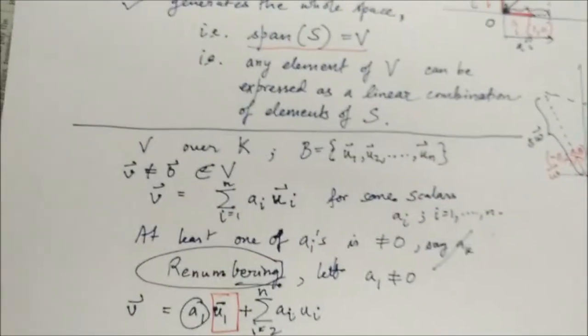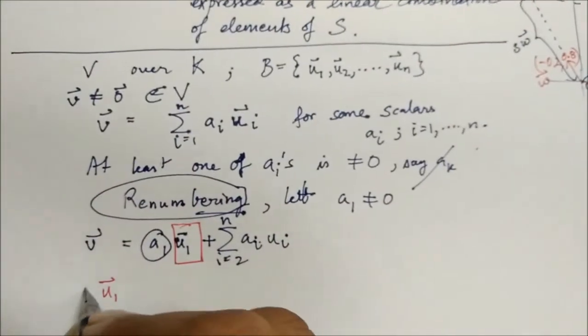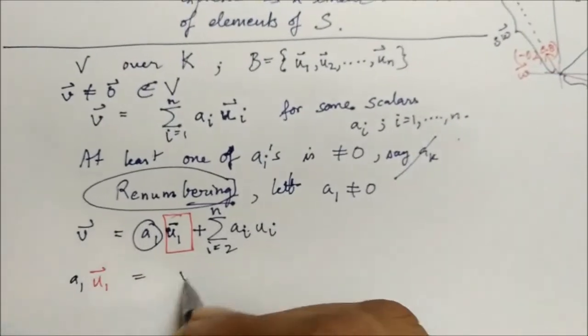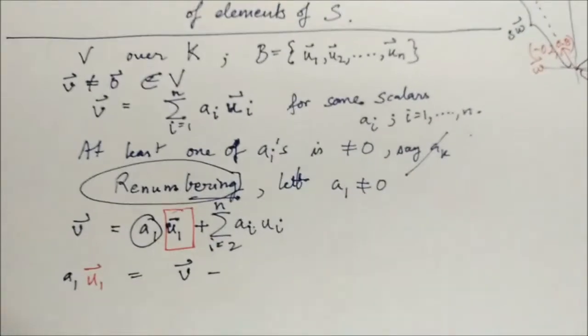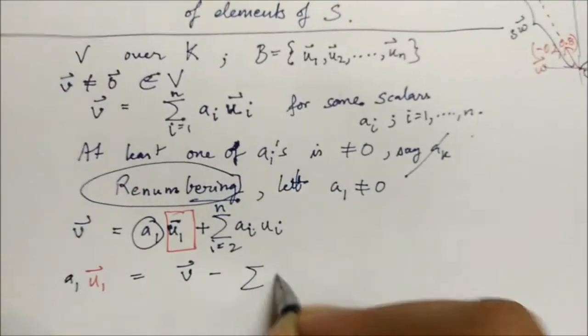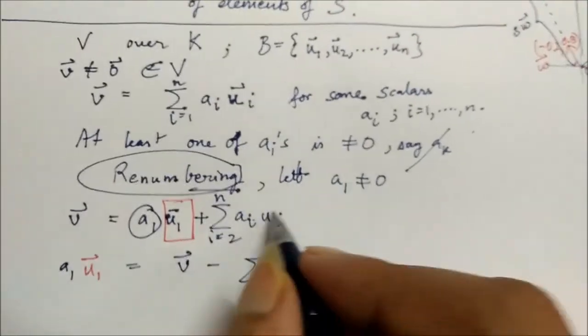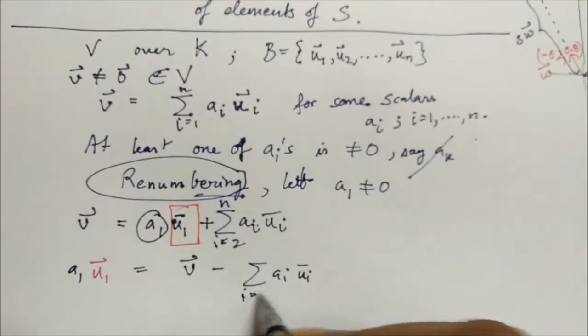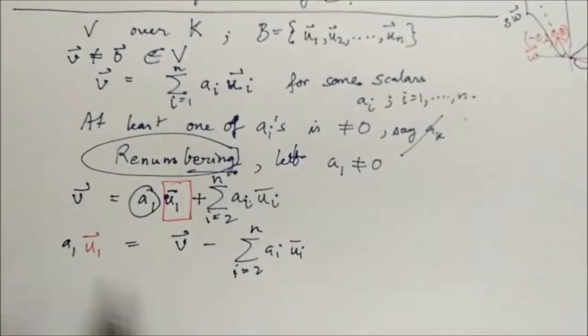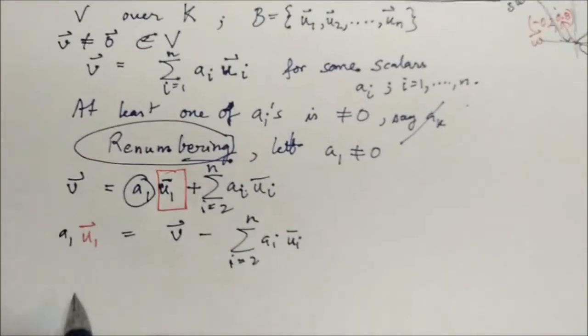Bringing this on to this side is v vector minus the rest. As this is non-zero, what can we do?